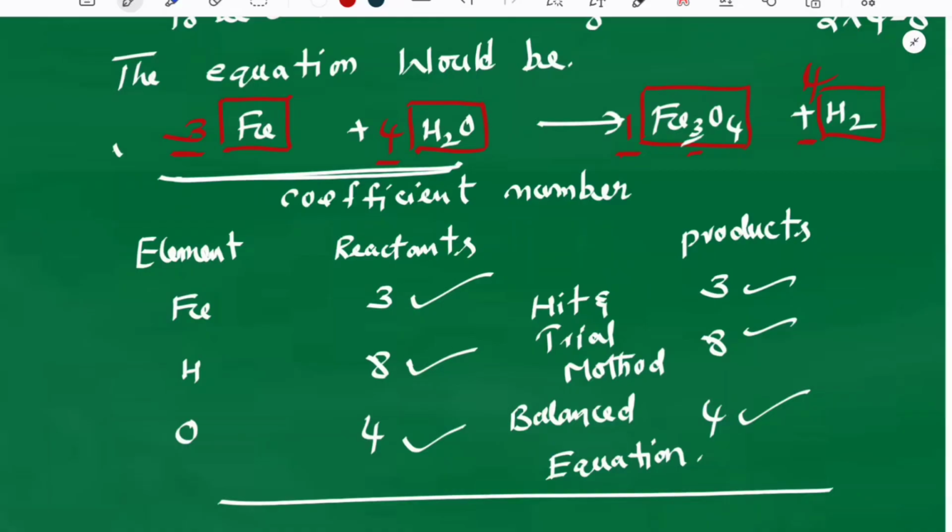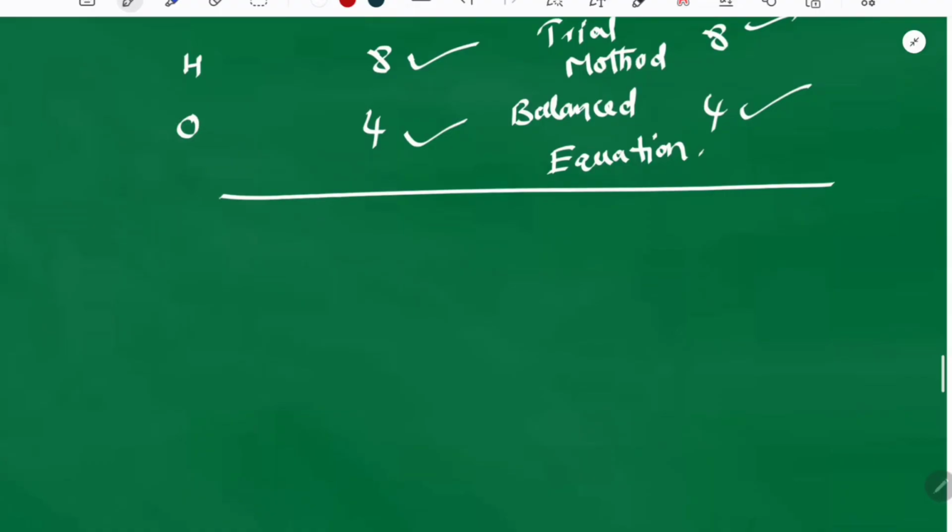But more informative means we should write the states of matter. Let's see. To make it more informative, first you write the physical state of the matter.